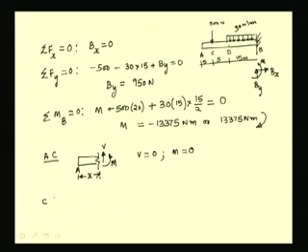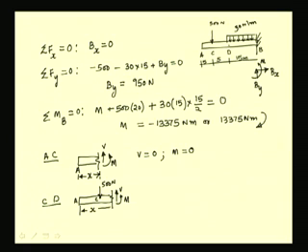Let us consider now the portion CD and draw the free body diagram. Here we have a 500 Newton force acting at C and no other force is there. And the shear force and bending moment in the positive sense.